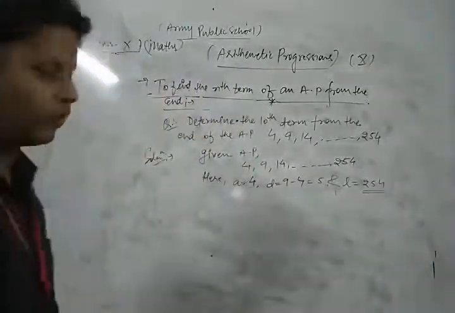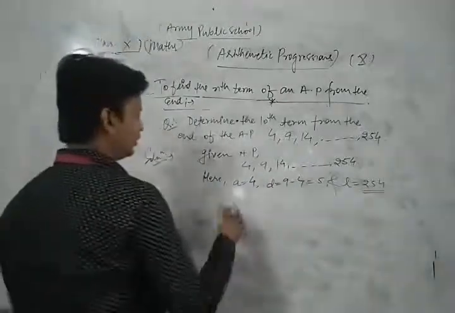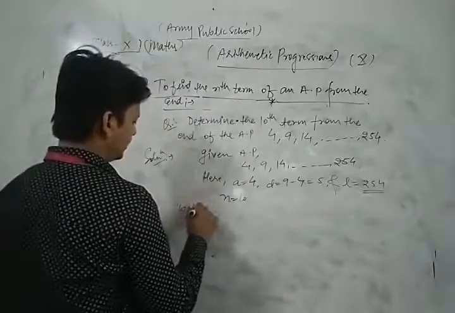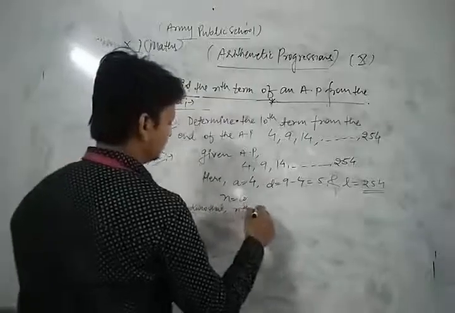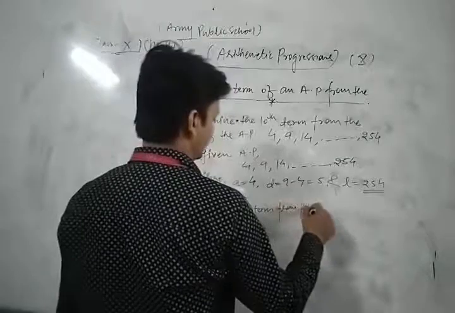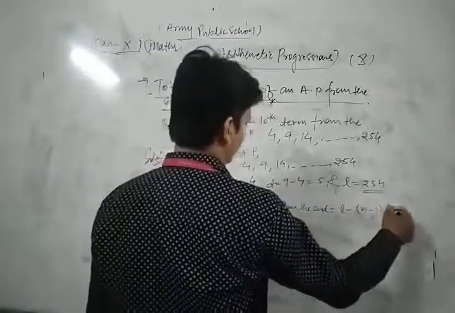Okay, dear students, now what do I do? Since we are finding the 10th term from the end of the AP, here n is 10. We know that the nth term from the end is L minus n minus 1 into d.